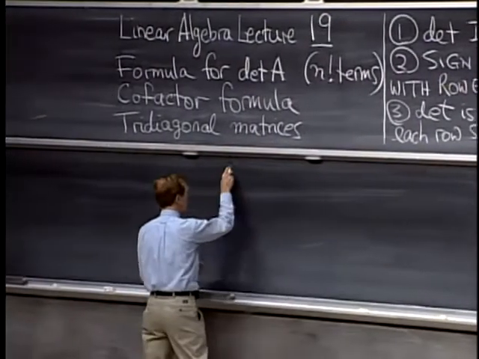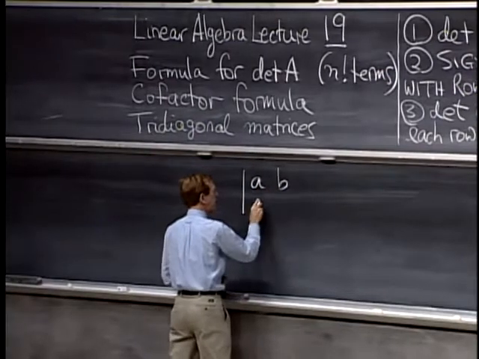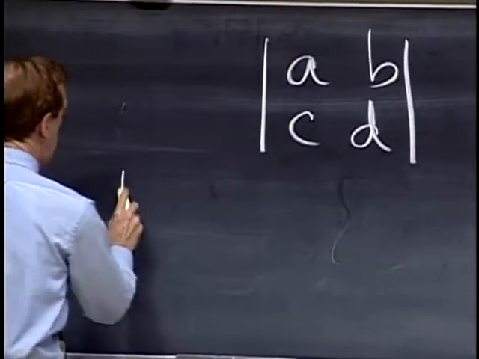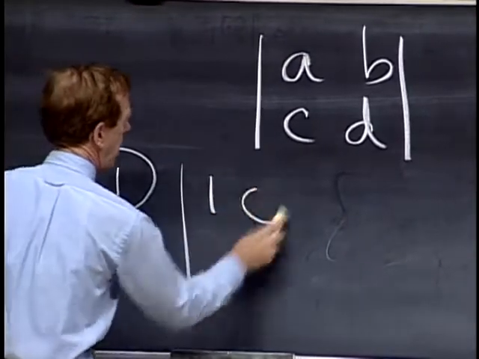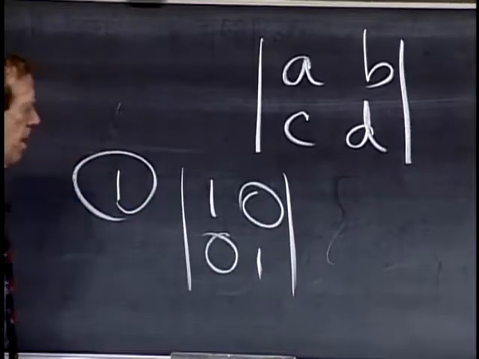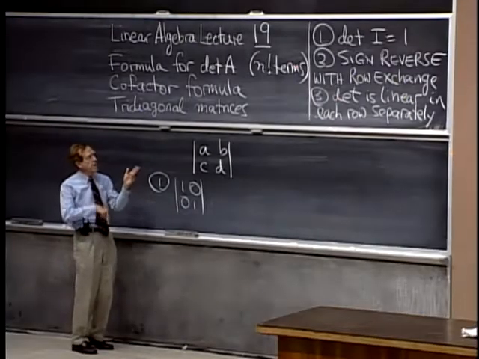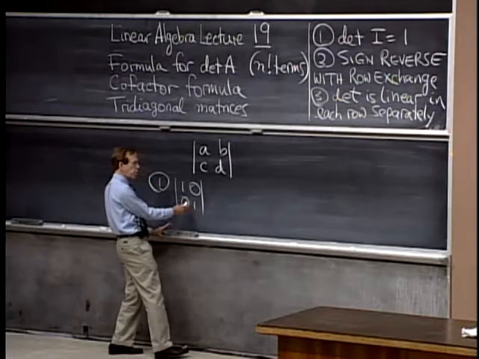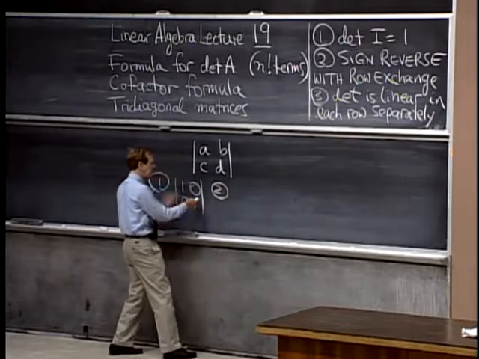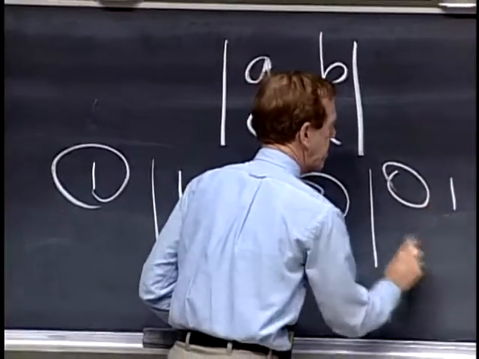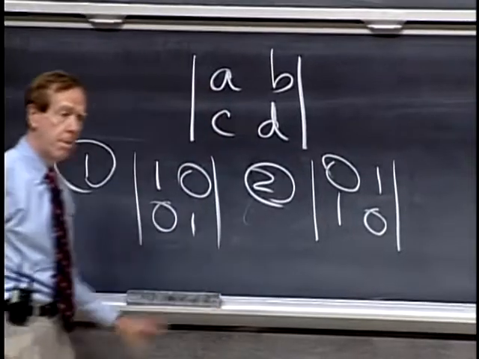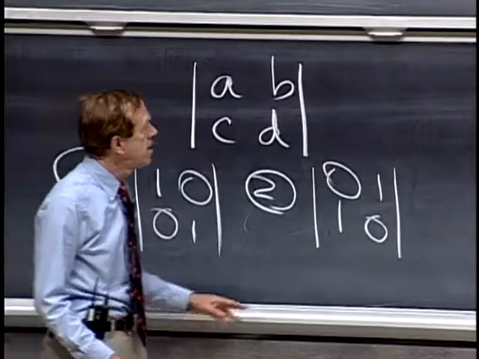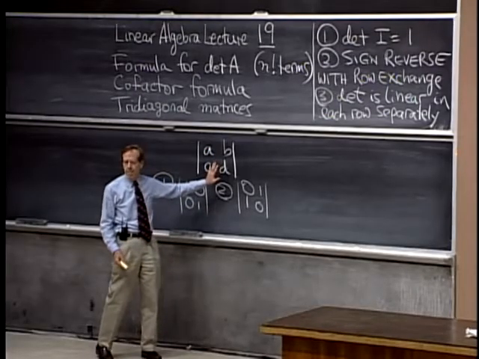Okay, so here's my 2 by 2 matrix. I'm looking for a formula for this determinant, a, b, c, d. Property 1: I know what to do with the identity, its determinant is 1. Property 2 allows me to exchange rows and know that this determinant is -1. And now I want to use property 3 to get everybody.